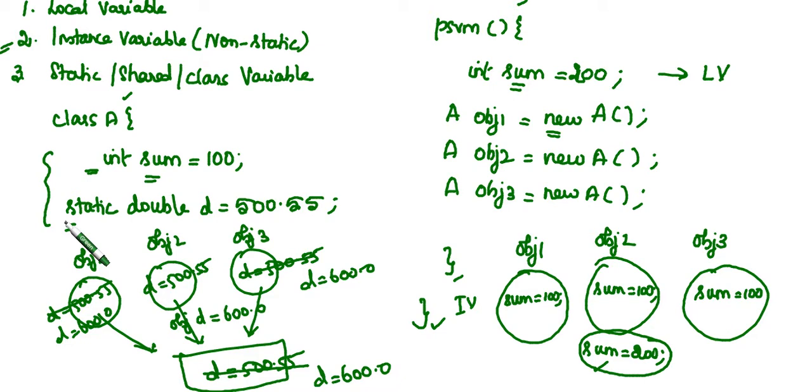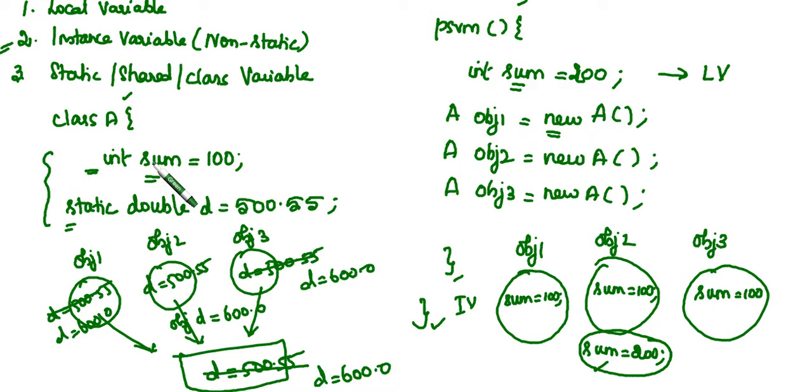This one you should know clearly. First one, whatever variable is declared within this method or any method, it is particular to that method only, that is said to be a local variable. You can access it only within that method.